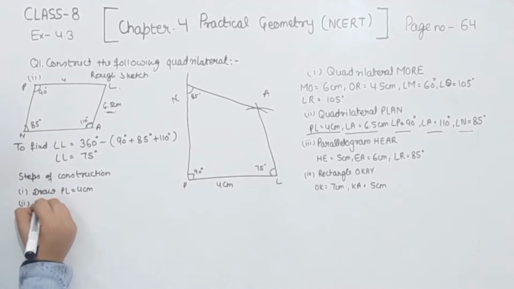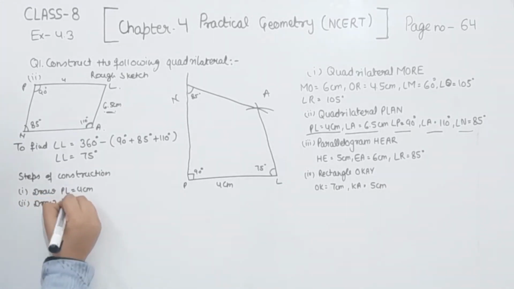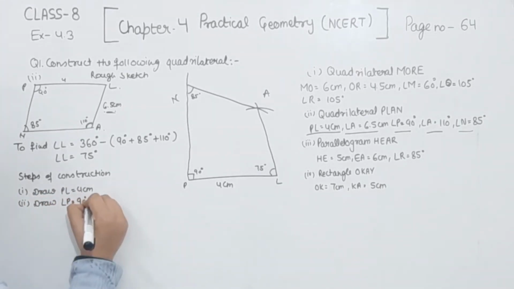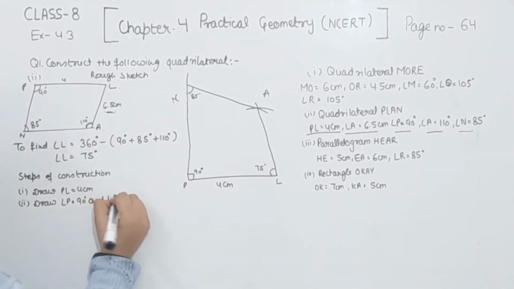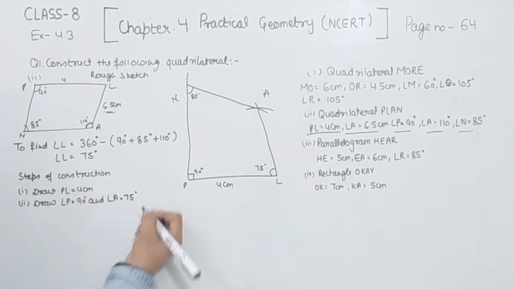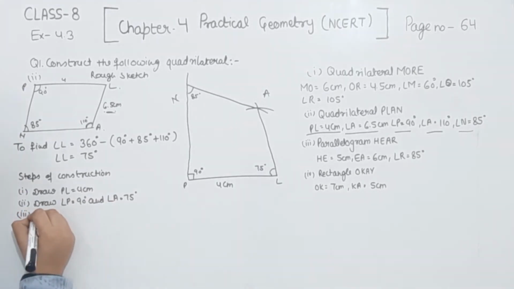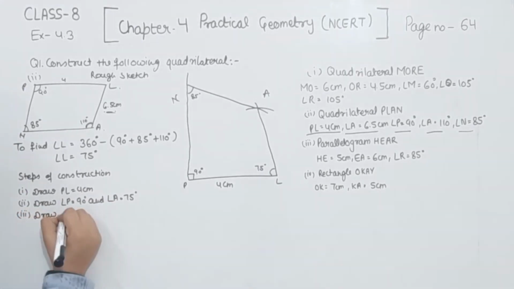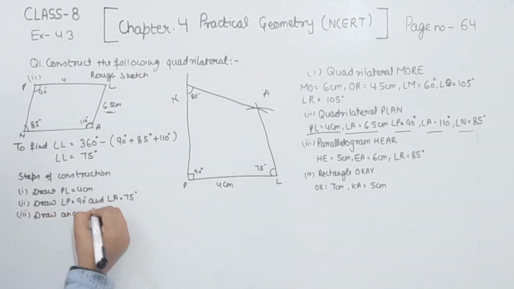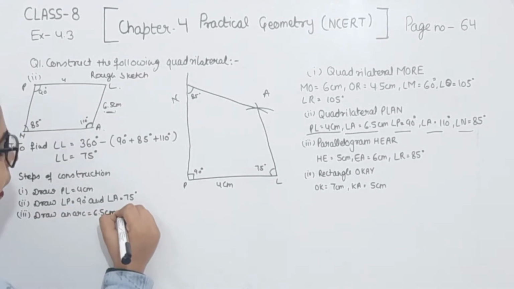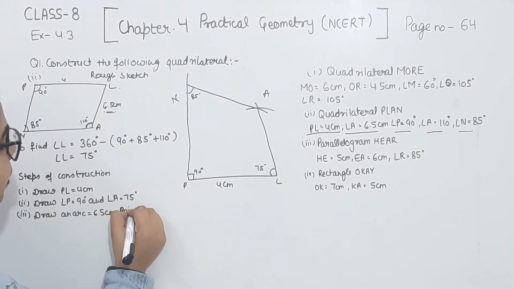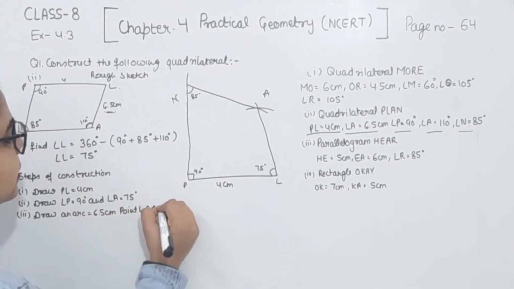Now we are going to draw angle P equal to 90 degrees and angle L equal to 75 degrees. Now draw an arc of 6.5 centimeters, with point L as center.